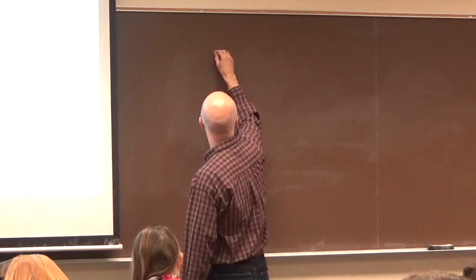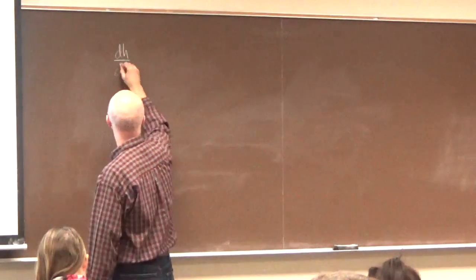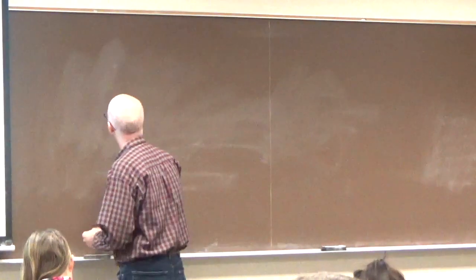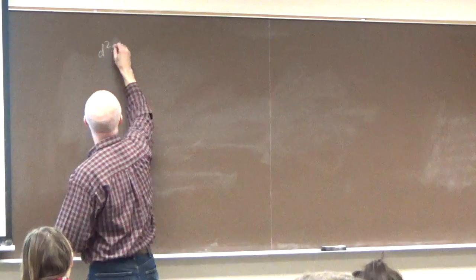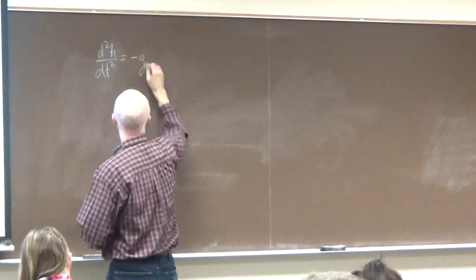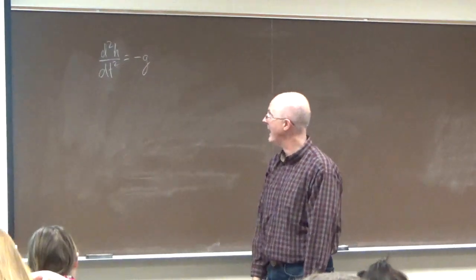So for this example 1, if height is the dependent variable, here is a second order differential equation. And it does come from F equals ma.